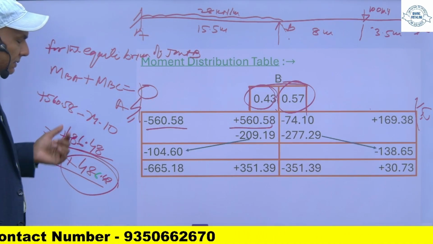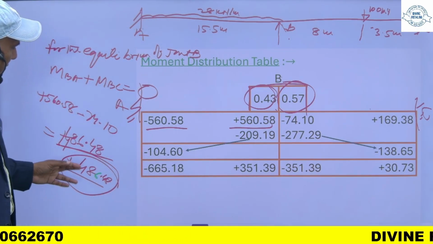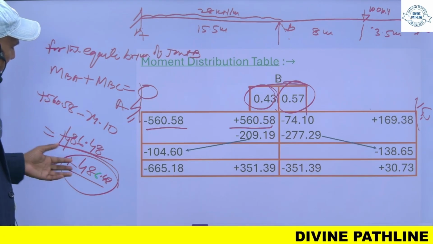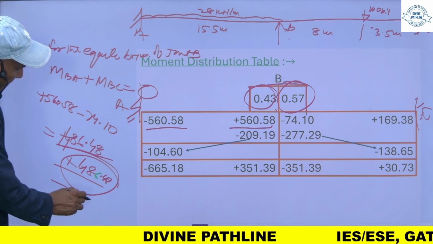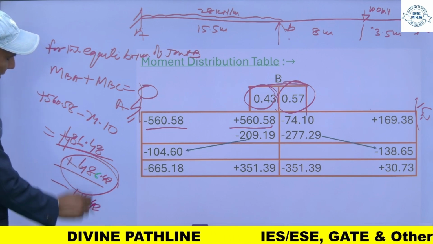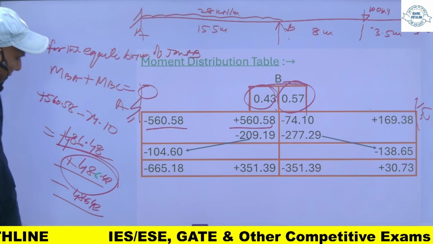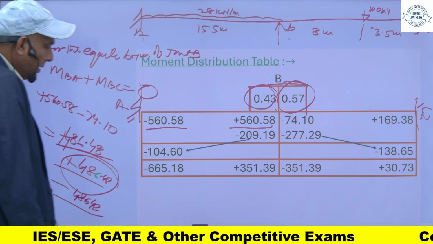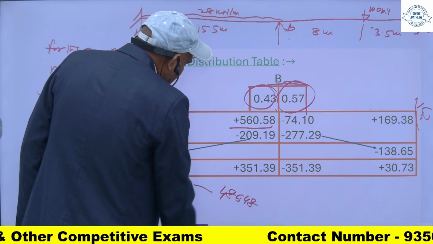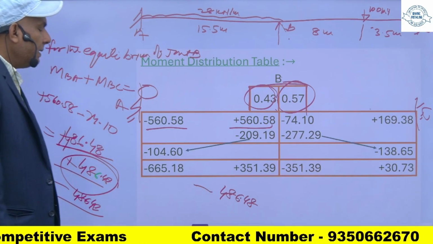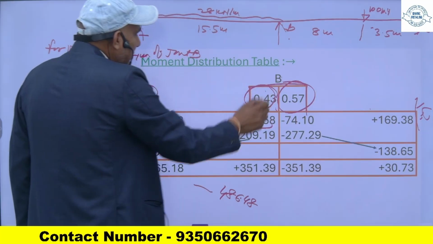This extra moment, for making it 0, I will apply a correcting moment of the same value. Since this is plus 486.48, I will apply a correcting moment of minus 486.48. This will be distributed in MBA and MBC according to their distribution factors.